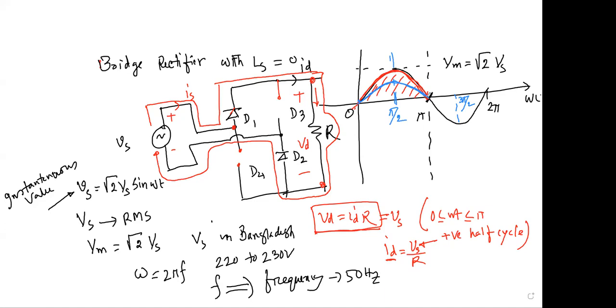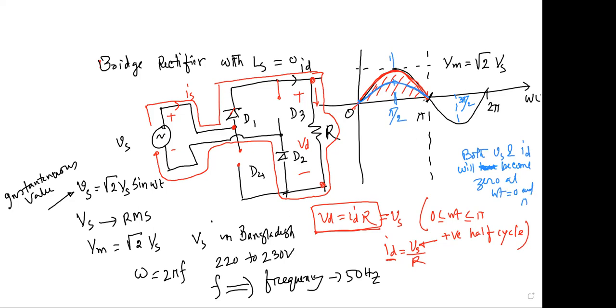So both voltage and current, both Vs and ID, will become 0 at omega t equal to 0 and pi. Am I correct or not? Yes, sir.